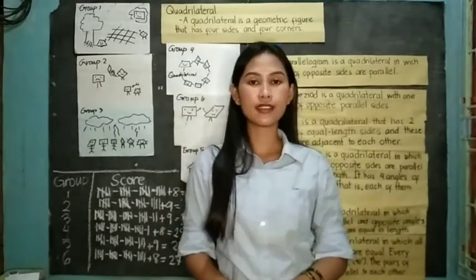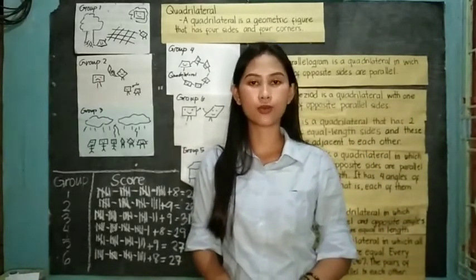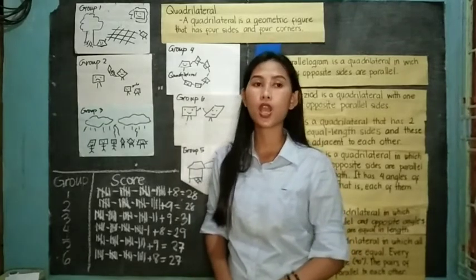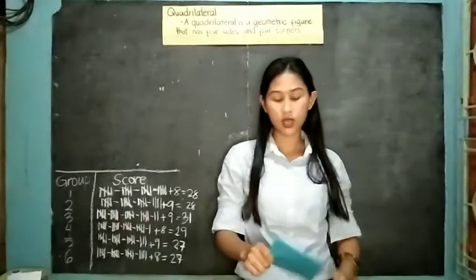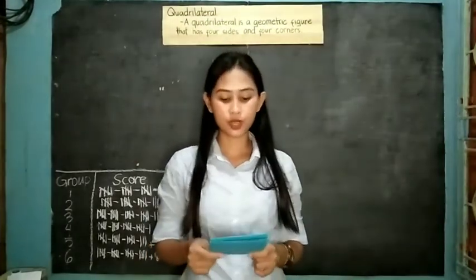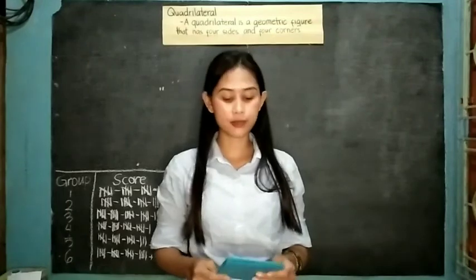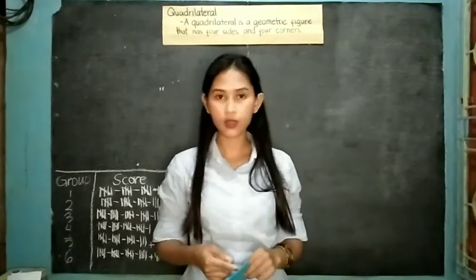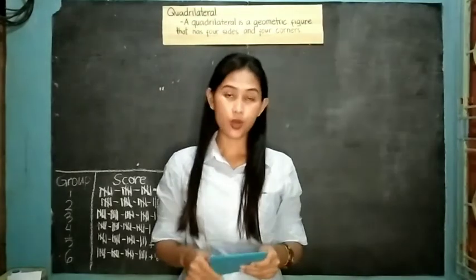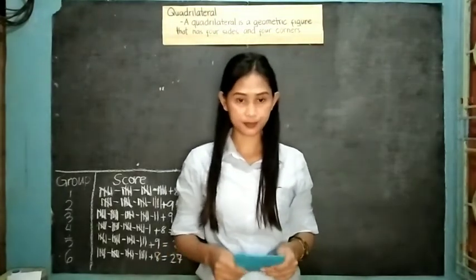Go back to your seat now and get 1/2 crosswise and answer the following. I will give you 10 minutes to answer. Okay, test 1. Draw and describe the following. Number 1, quadrilateral.